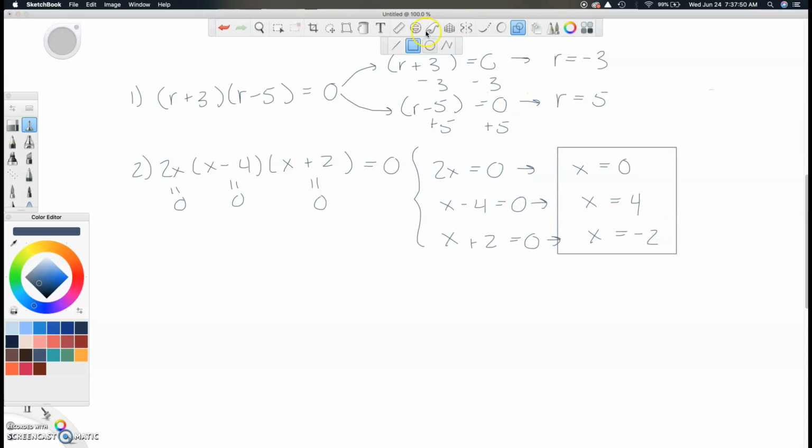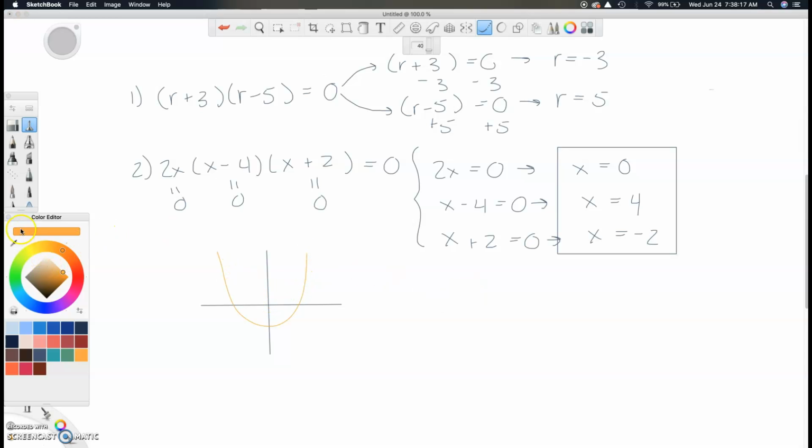So if you guys know the general form of a quadratic equation, if you recall, the general form of a quadratic equation looks something like this, and I'm going to do this just generically. So a general form of a quadratic looks like this, right?